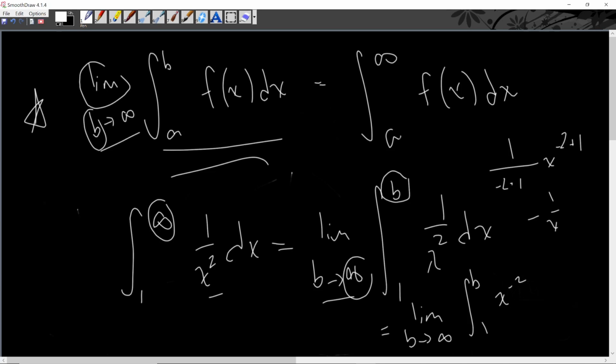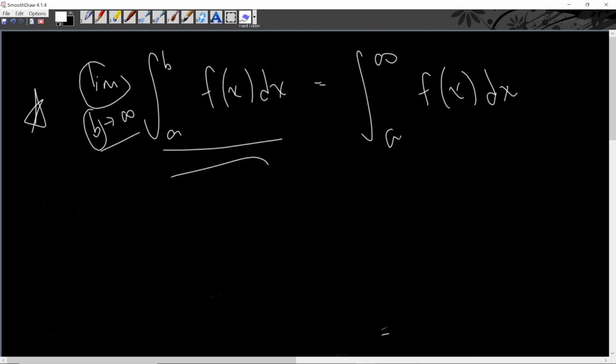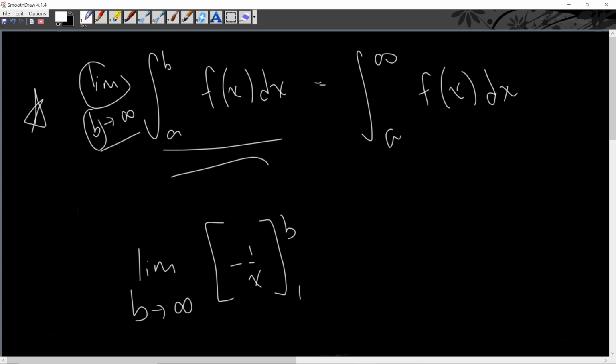And then that's going to be it. Yep, we're going to have negative 1 over x. And then we will just plug this into our value. Let's erase some of this. We're going to have the limit as b approaches infinity of this plugged in, negative 1 over x with b to 1 as our bounds.